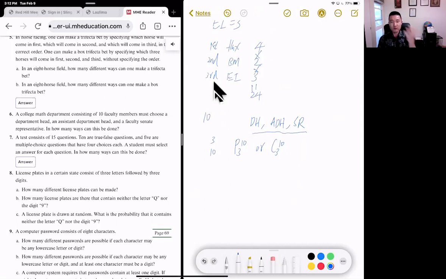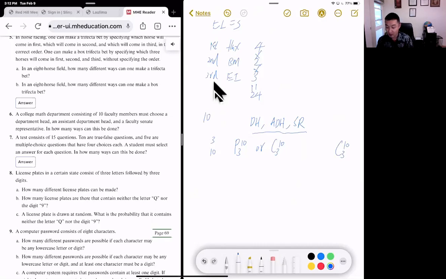If we just choose 3 faculty from these 10 faculty, and that's it, then we should use combination. We choose 3 from the 10, then we are done. No more steps.